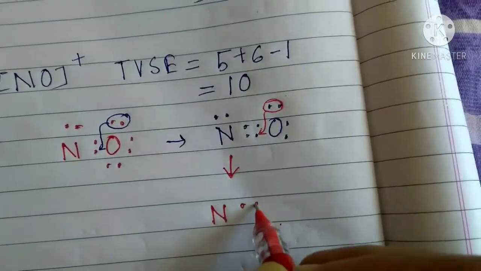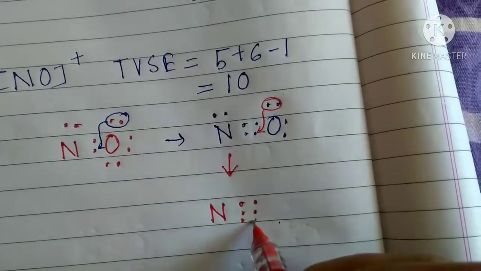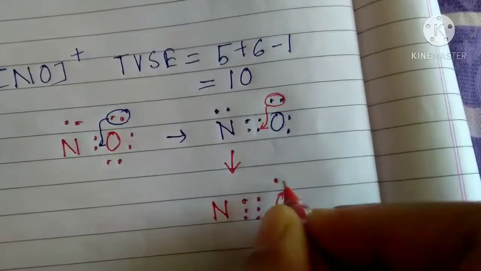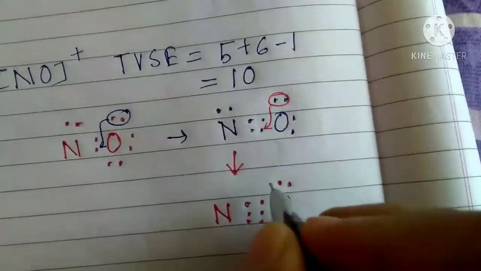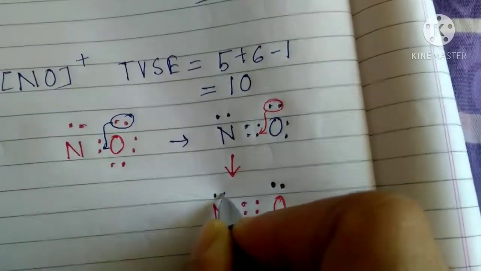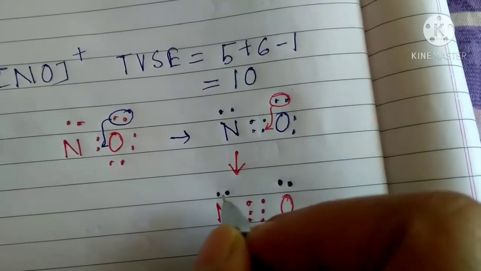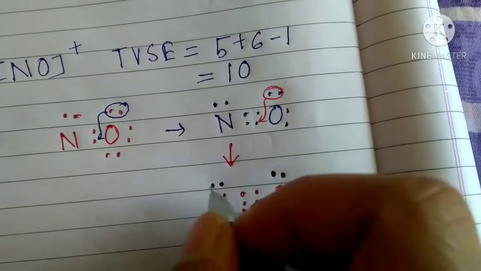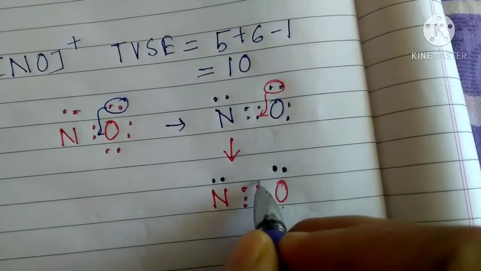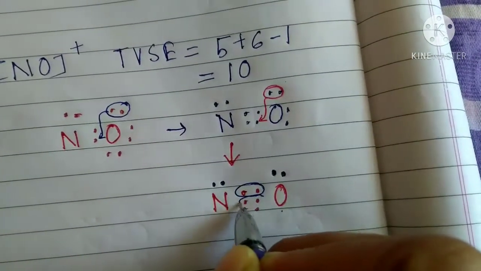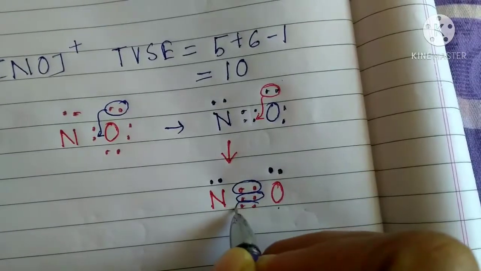Now see the structure. Nitrogen 1 2 3 4 5 6, oxygen. On oxygen, two lone pairs, nitrogen also, one lone pair on nitrogen, one lone pair on oxygen, two non-bonding electrons here, two non-bonding electrons here, and between nitrogen and oxygen triple bonds are formed.